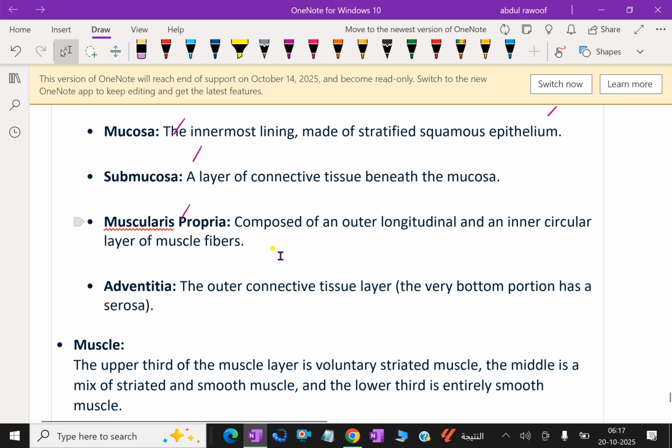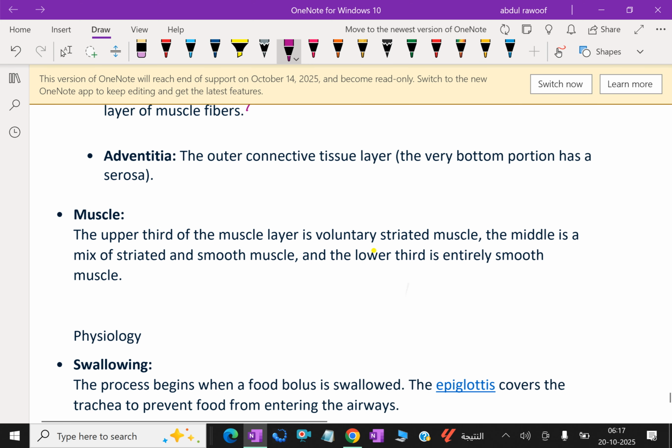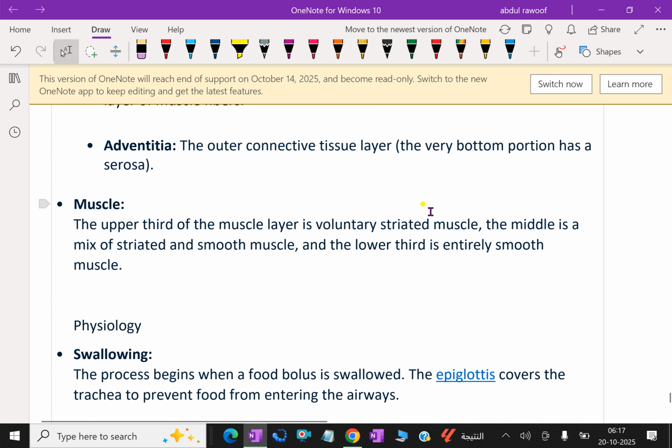Muscularis propria, composed of an outer longitudinal and an inner circular layer of muscle fibers. Adventitia, the outer connective tissue layer; the very bottom portion has a serosa. Muscle: the upper third of the muscle layer is voluntary striated muscle. The middle is a mix of striated and smooth muscle, and the lower third is entirely smooth muscle.